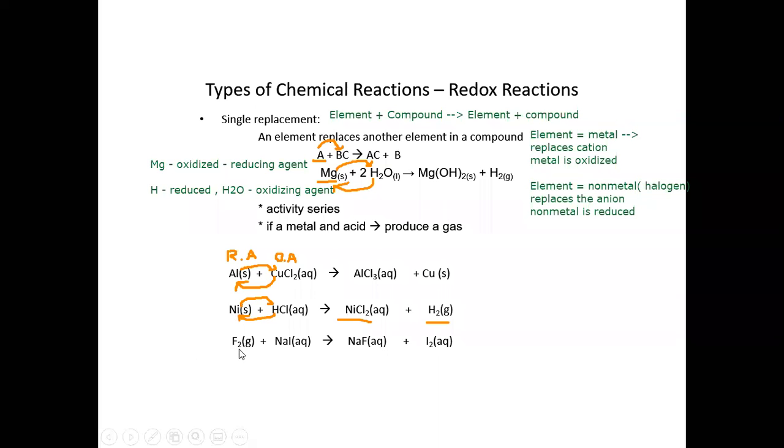Now we have a halogen, and remember now if the element is a nonmetal, it's going to displace the anion. And so since the element is a nonmetal, the nonmetal is going to be reduced, so this would be the oxidizing agent. And this would be the reducing agent.